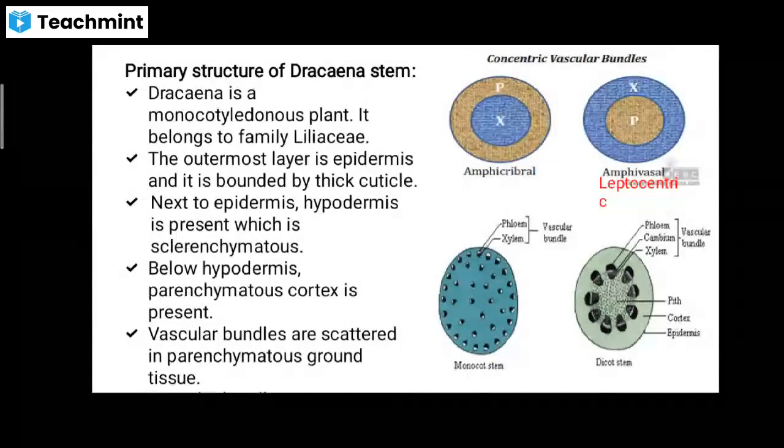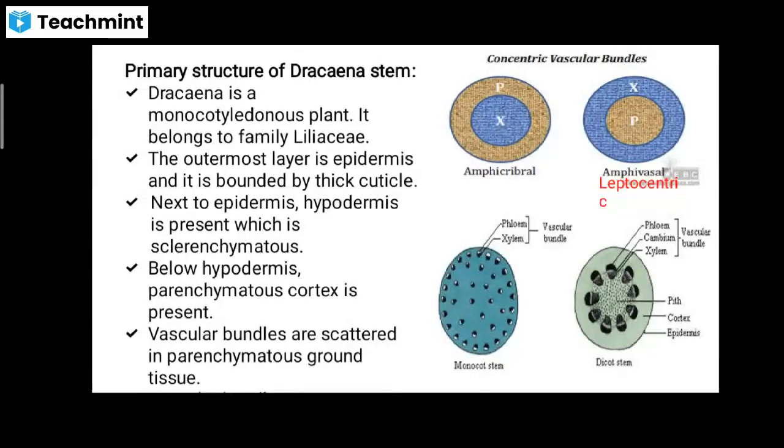In monocot, scattered vascular bundles are there, and in dicot stem the vascular bundles are arranged in rings. In the monocot stem, the xylem and phloem are present in scattered positions in the ground tissue. So this is the primary structure of the Dracaena stem.